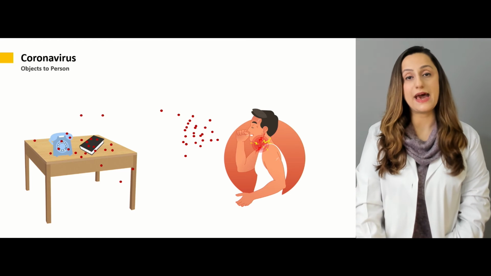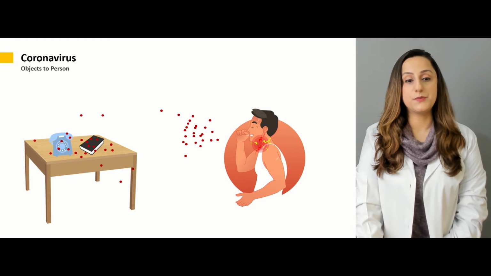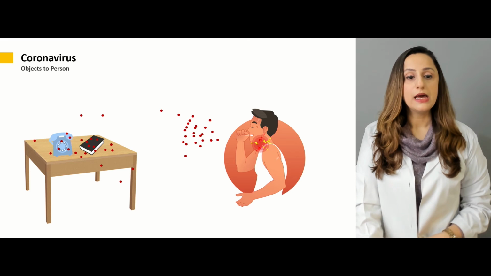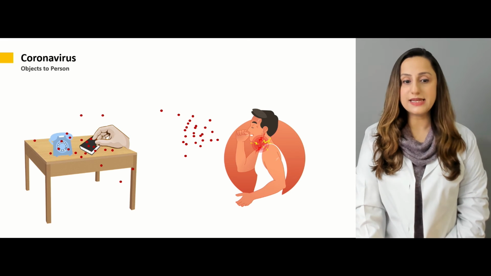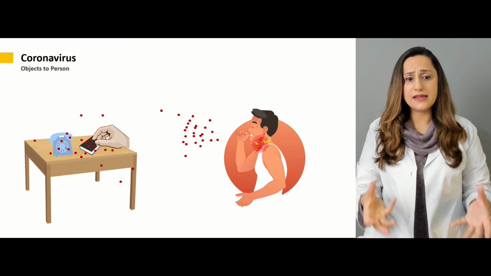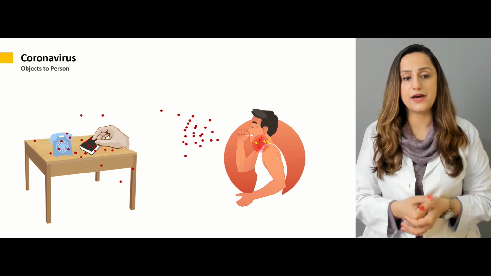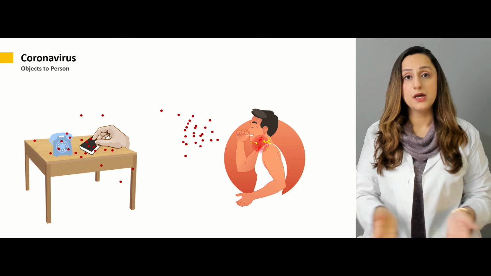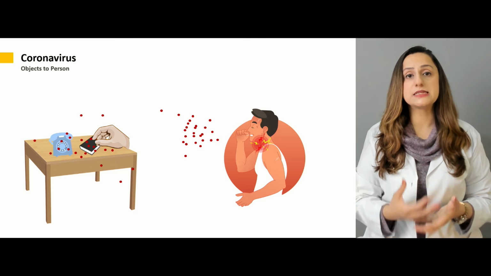Now, what basically happens after these infected and contaminated objects are lying around? A normal healthy individual, for instance, you can just have a look. It can be normal surfaces, a table, a book, normal objects, for instance, your phones.